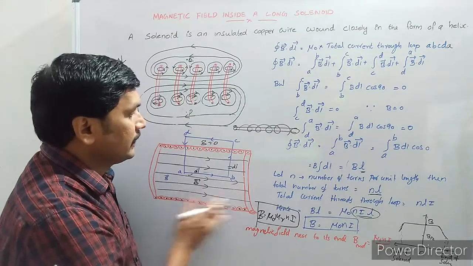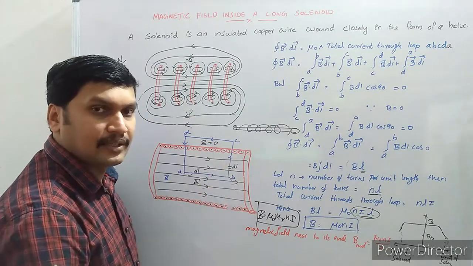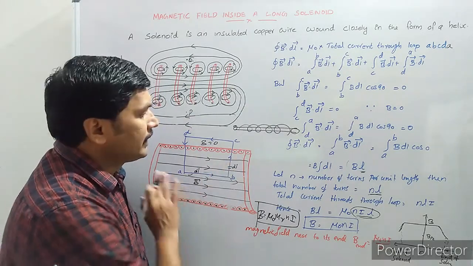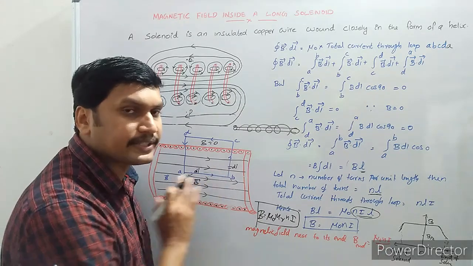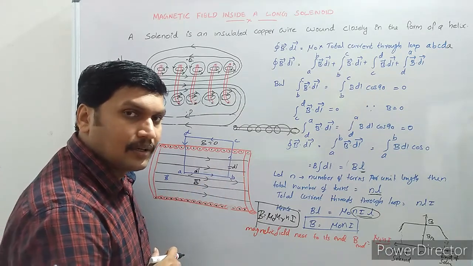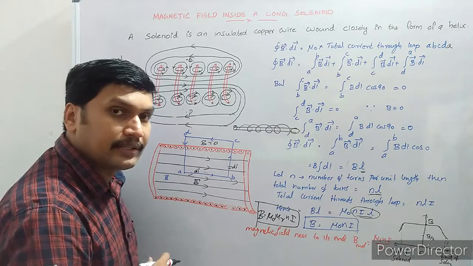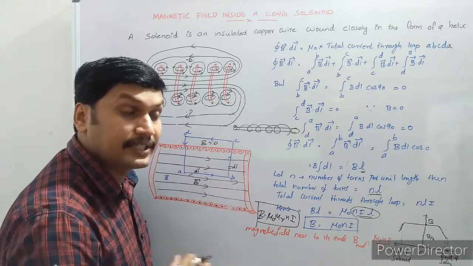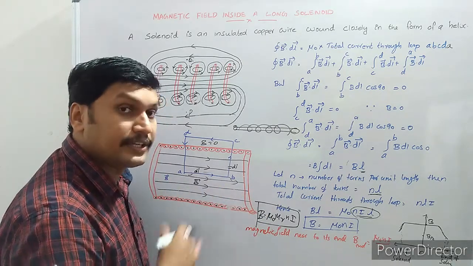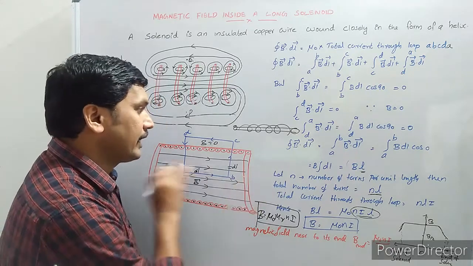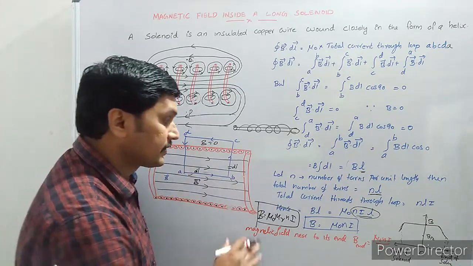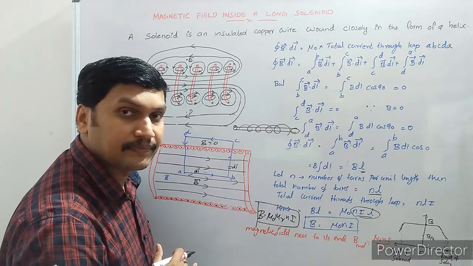But when we derive this, we use many assumptions. That's why the magnetic field is not actually uniform inside the solenoid. Very near to the end of the solenoid, there are some changes in the magnetic field. It is observed that very near to the end of a long solenoid, this equation is not valid.